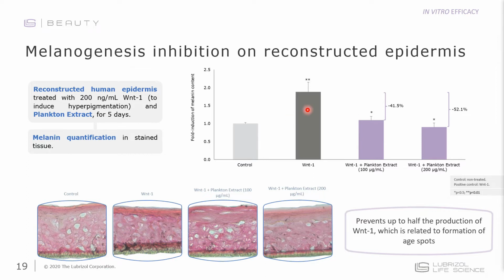We can observe this in the graph, but also in the cell culture image. You can see clearly the amount of melanin that is increased with respect to the first. When we add this WNT plus a plankton extract, we observe a decrease in the melanin synthesis that can be clearly observed in the picture, but also in the graph.